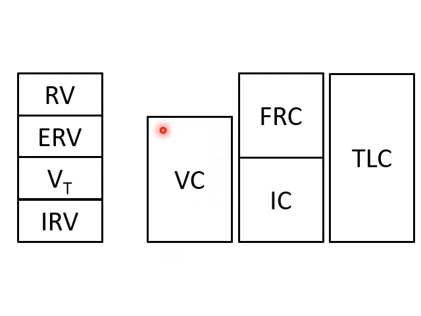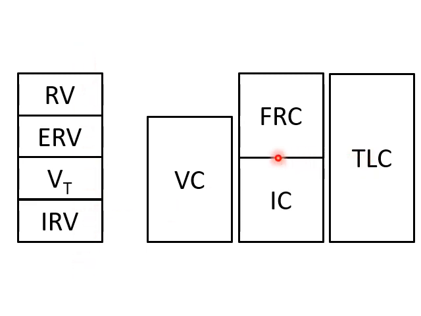So vital capacity is the air we can move in and out of the lungs. It's our expiratory reserve volume, tidal volume, and inspiratory reserve volume. This is the amount of air we can move in and out. That's about 4.5 gallons. Well, it adds up there, I think, to 4 gallons total. Over here, TLC, we have the total lung capacity. That is the sum of all 4 volumes.